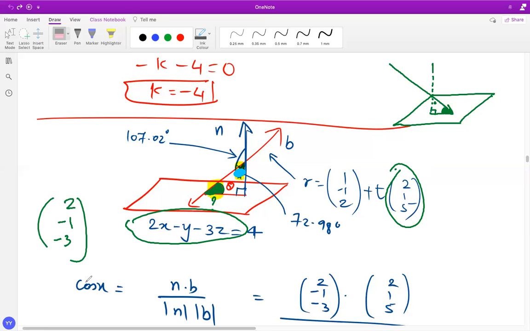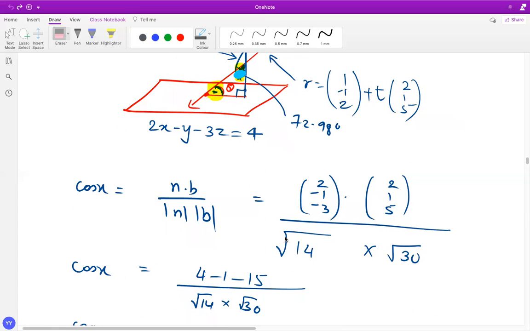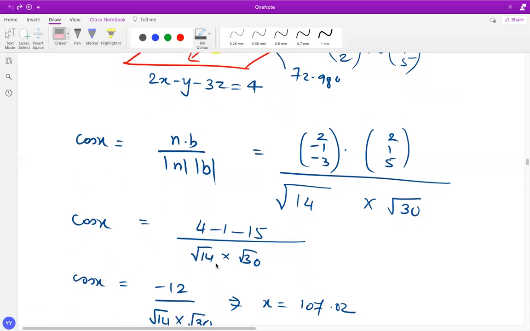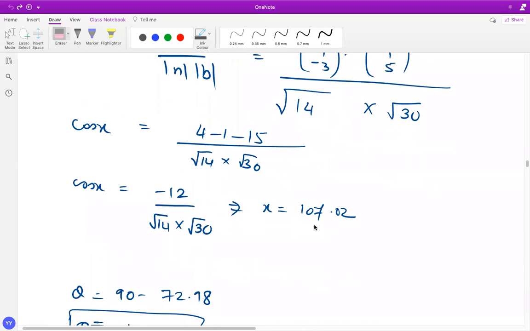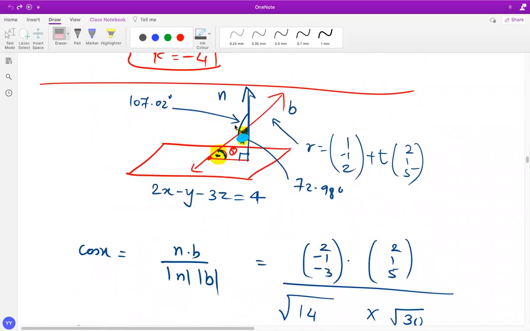Then you do the same stuff: cos theta is the dot product of the normal with the direction of the line. We are trying to find this angle first, and then you take the magnitudes of the line and normal directions and divide, and you get this angle. What you get is simply 107.02. So 107.02 is this angle.